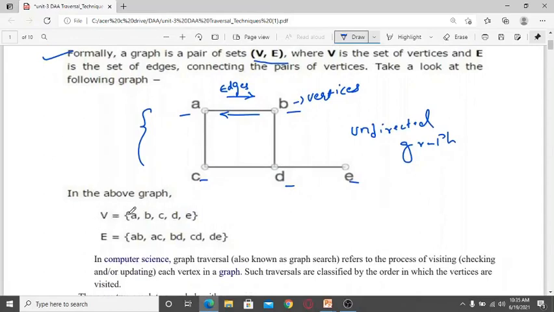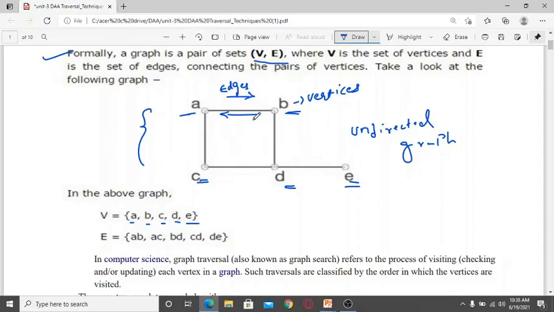V is equal to, how many vertices are there? A, B, C, D, E. Five vertices, 1, 2, 3, 4, 5. And how many edges? Edges is also 1, 2, 3, 4, 5.